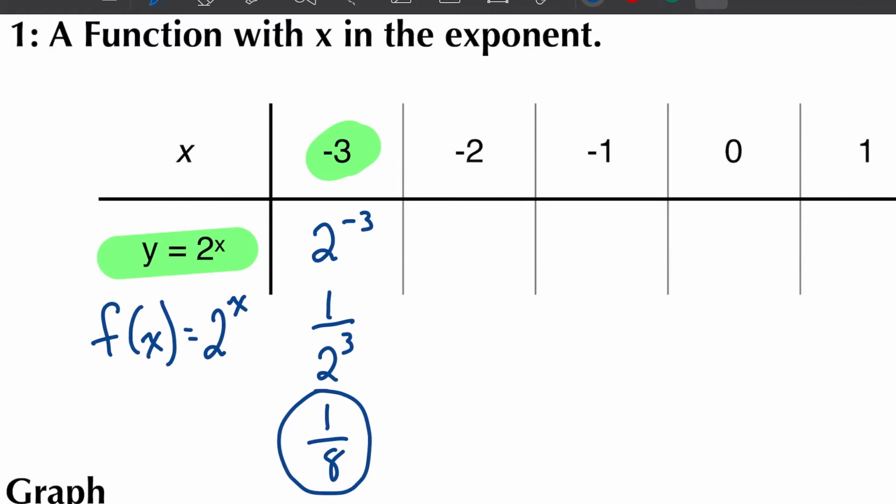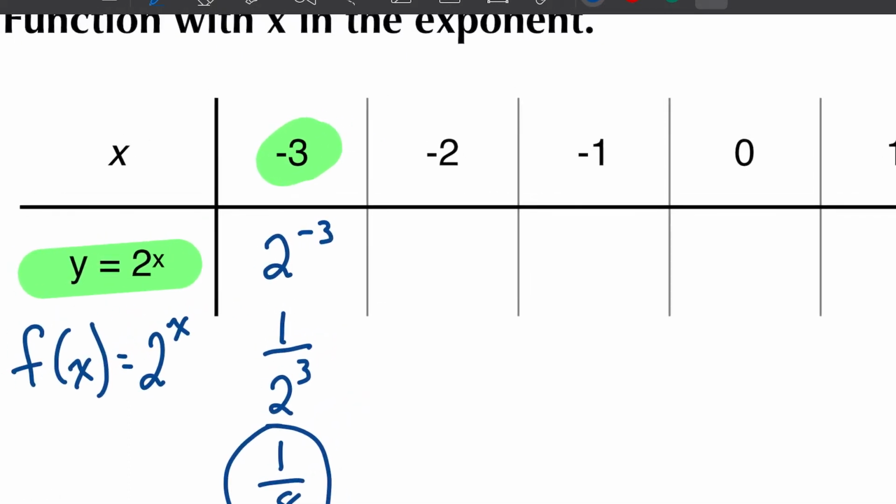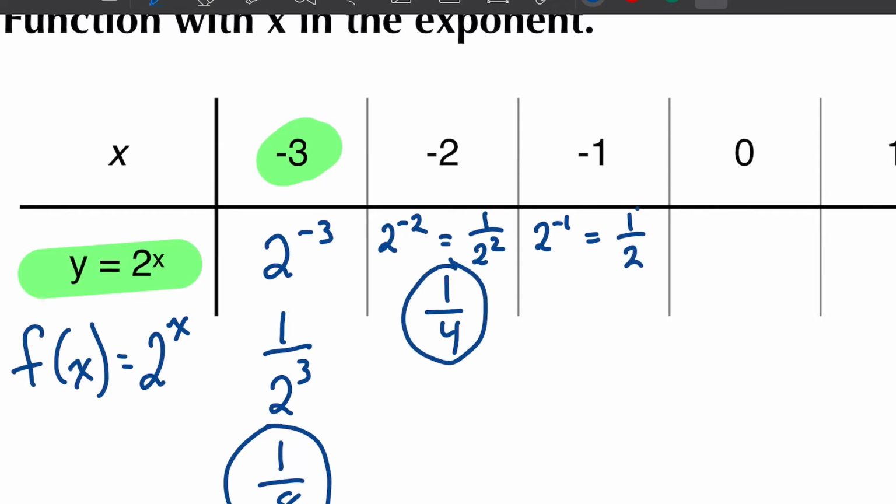Okay, now we don't want to write out so many steps this time. So for -2, it's 2 to the power of -2, which is equal to 1 over 2 squared, which is 1 over 4. Now we put -1 in. 2 to the power of -1 is just equal to 1 over 2. So it's 1/2. So these are the values that go in our table of values.